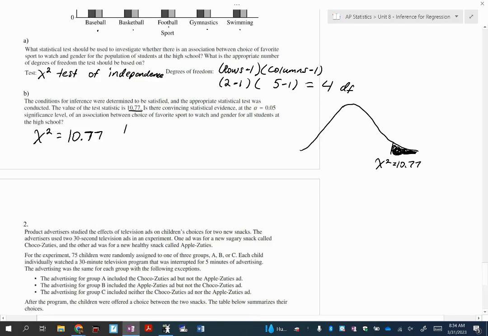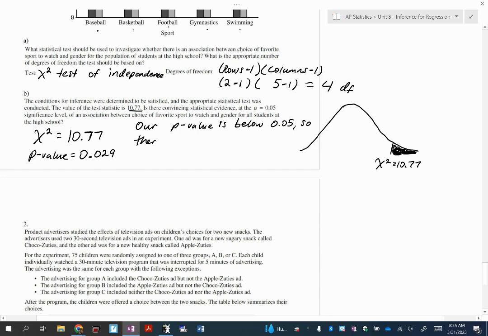And this will give us the p-value, 0.029. And it says at the alpha level of 0.05, is there enough evidence to say that there's a relationship between these two categorical variables? And the answer is yes. 0.029 is below our alpha, so our p-value is below 0.05.